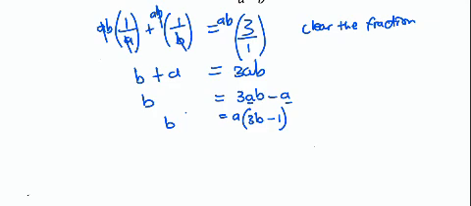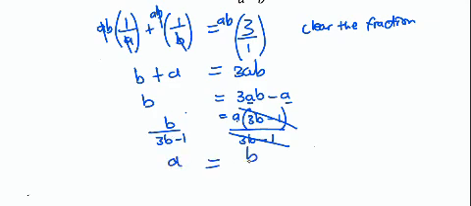Now, to have a on one side, you divide both sides by 3b minus 1. 3b minus 1 and 3b minus 1 will cancel each other. So we have a is equal to b over 3b minus 1.